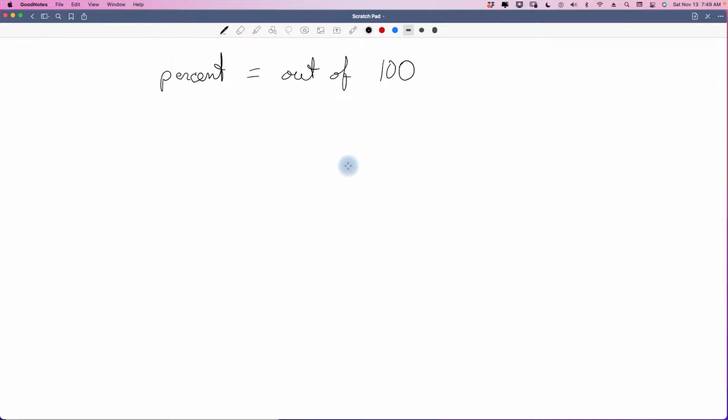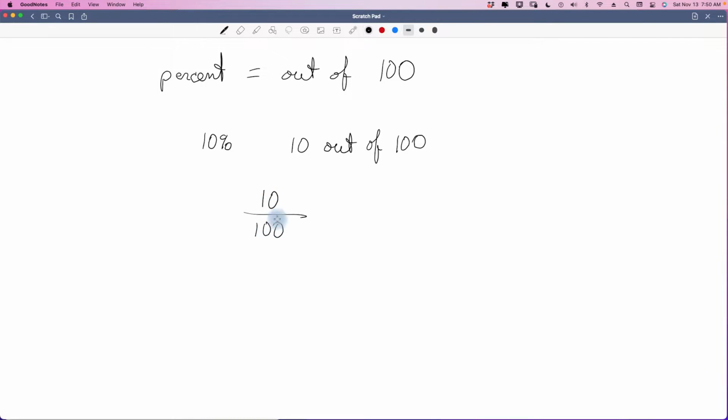So when we talk about 10% of something, this is the symbol for percent. What we're literally saying is 10 out of 100. And there's a way that we can write that as a fraction that says the same thing: 10 out of 100, or 10 100ths.